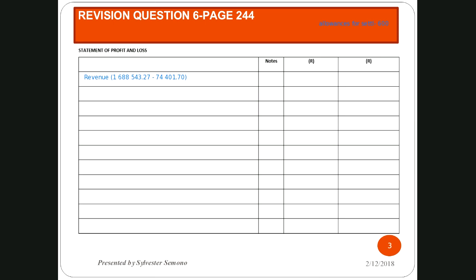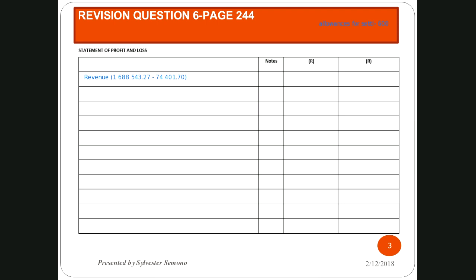It will mean that you need to adjust this 600 to 500. You will adjust with the difference, which is 100 rand. So this 100 rand will be an income to us because you had to decrease the allowance that you made to 500. It's like you're getting that 100 rand back to the business. So this will be an income. This 100 rand was supposed to be added to the revenue.